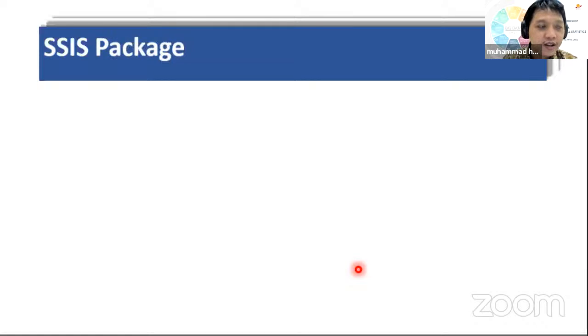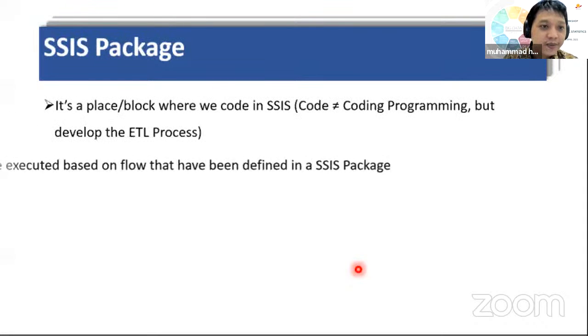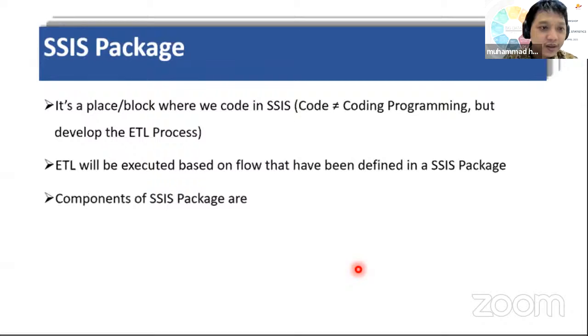And then besides the three major components of SSIS, there is the SSIS package. The SSIS package is a place where we code in SSIS, but we must know that coding in SSIS is not similar to programming. It's a place where we develop the ETL process.